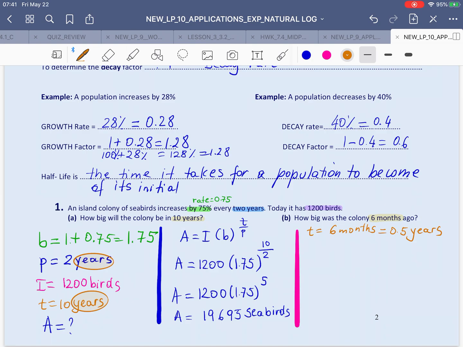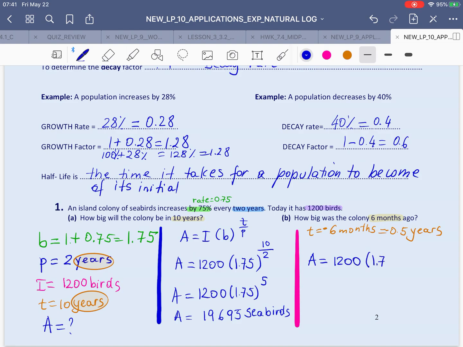Now let's think about something else. Now we are going back in time here. So if we use this as the initial population of 1200, then we're going to use the time back as a negative time, okay? So guess what? We're going to give this number a minus sign. And we're going to use the exact same formula.